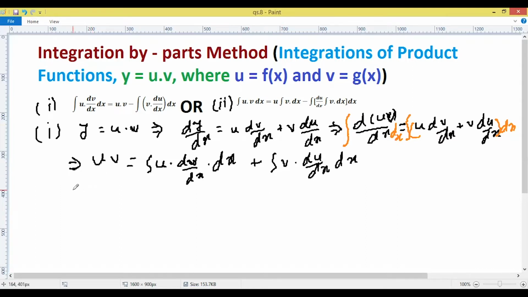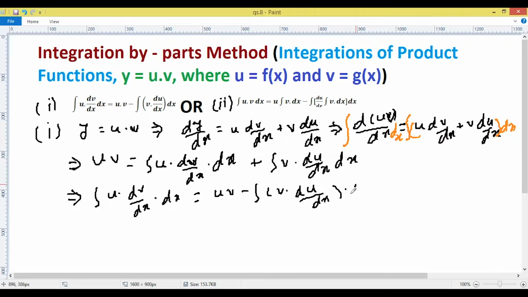What I am doing here is keeping on the right side the integration of u dv by dx dx, and on the left side you will have u times v, and if you transpose everything else to the right side, it is going to be minus the integral of v du by dx dx.